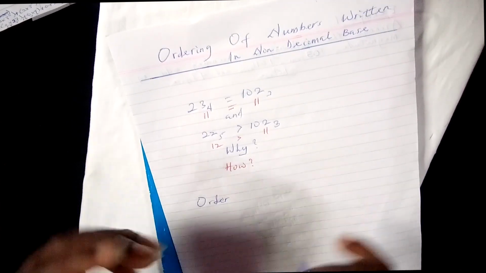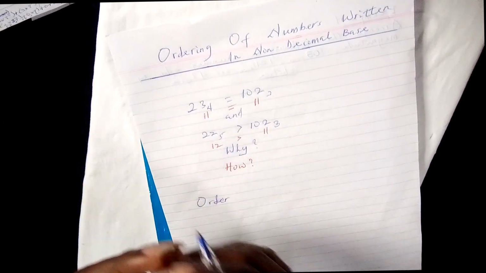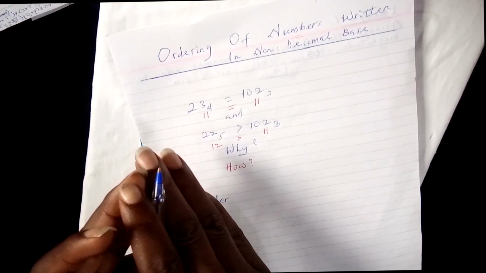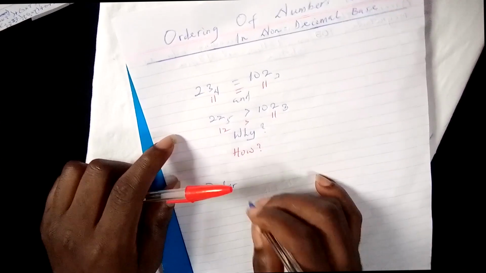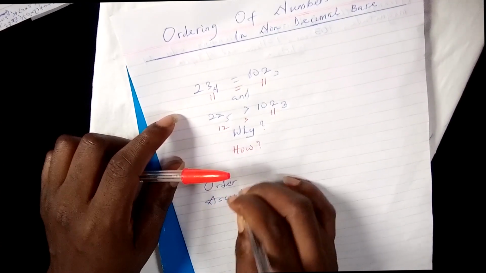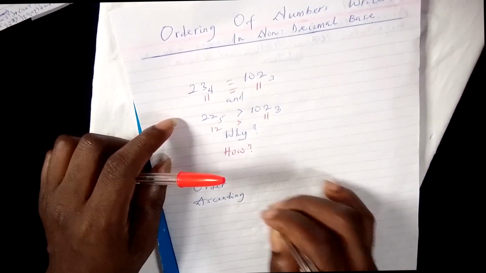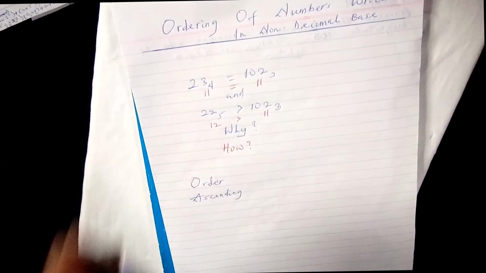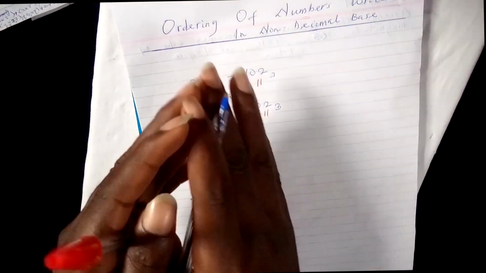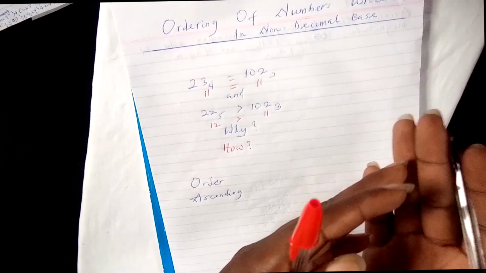it is simply arranging numbers in an ascending or descending order of magnitude. And when you talk about the word ascending, it is simply arranging or counting objects starting from the smallest to the largest or the biggest.